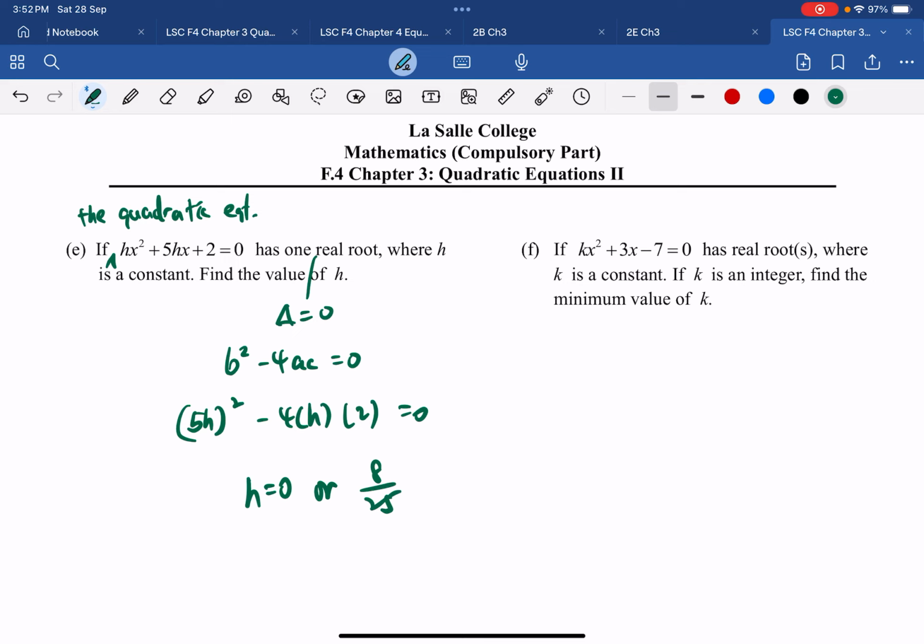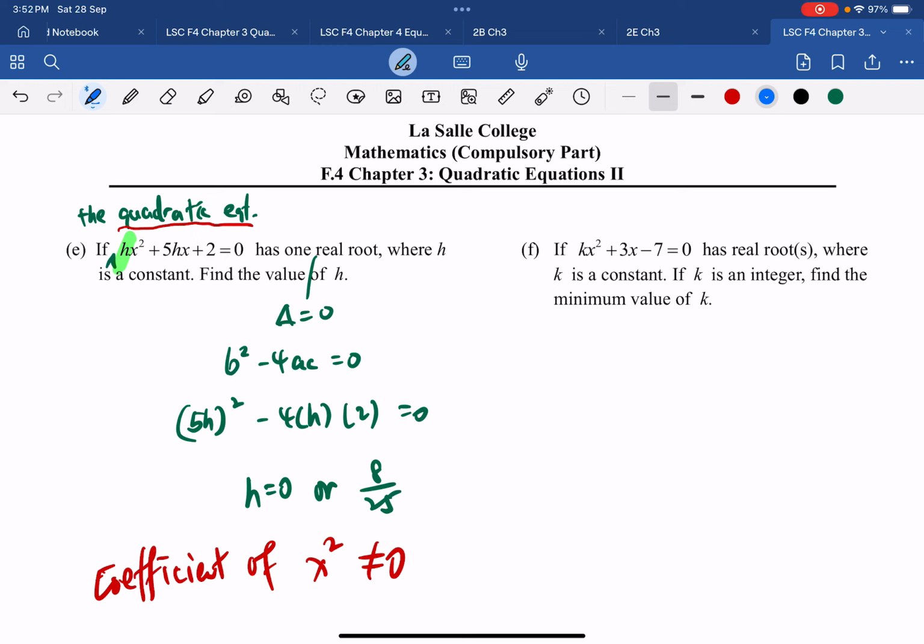Now think, are both roots applicable? Do I need to reject either one? You will find that this is a quadratic equation. Do you still remember the first lesson I taught you on quadratic equations? I said the coefficient of x squared cannot be 0, which means in this case h cannot be 0.